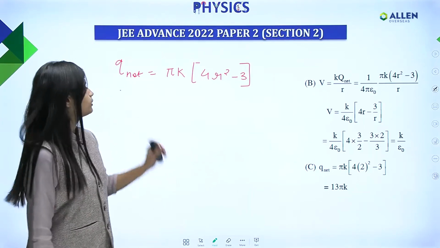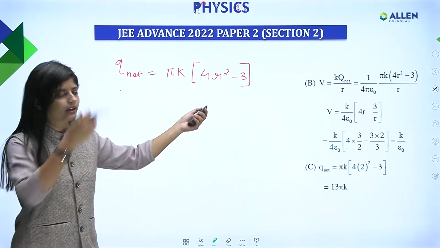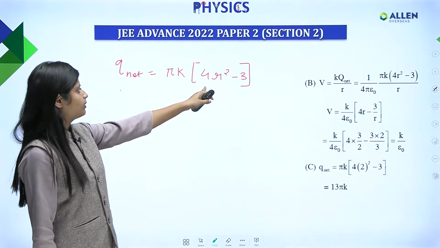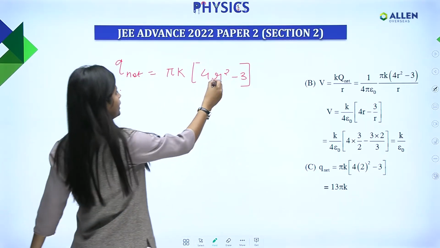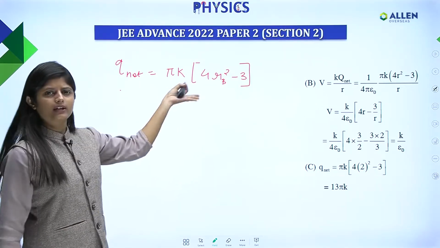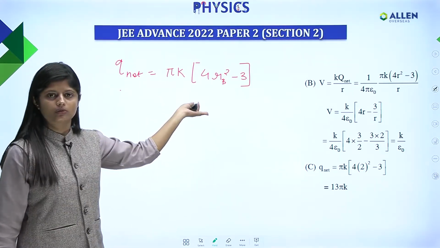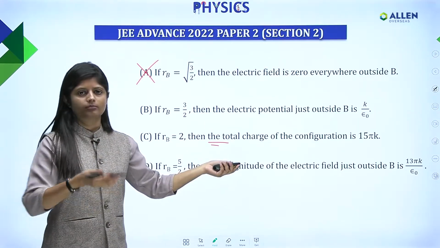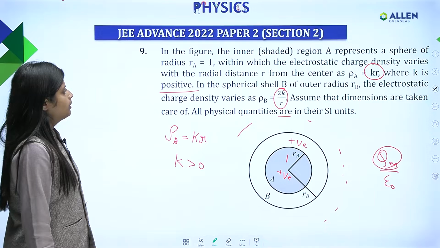Now, from here also you can see that r is greater than 1, because it is the radius of the outer shell. So, if r is greater than 1, this is RB actually, this value can never be negative nor be 0. So, there is no chance that electric field can be 0, okay, outside.